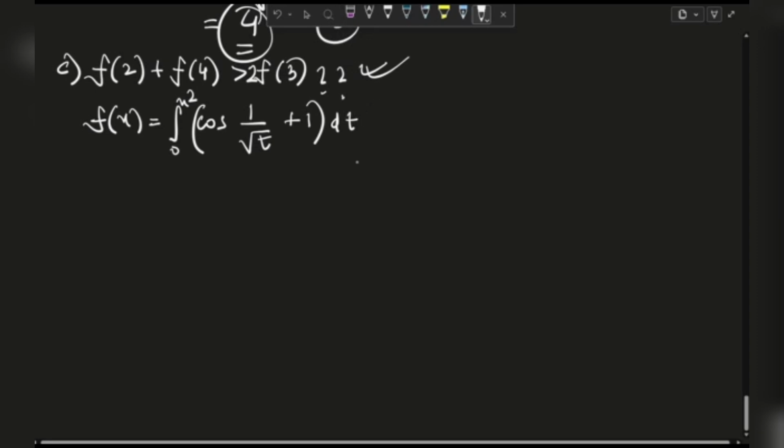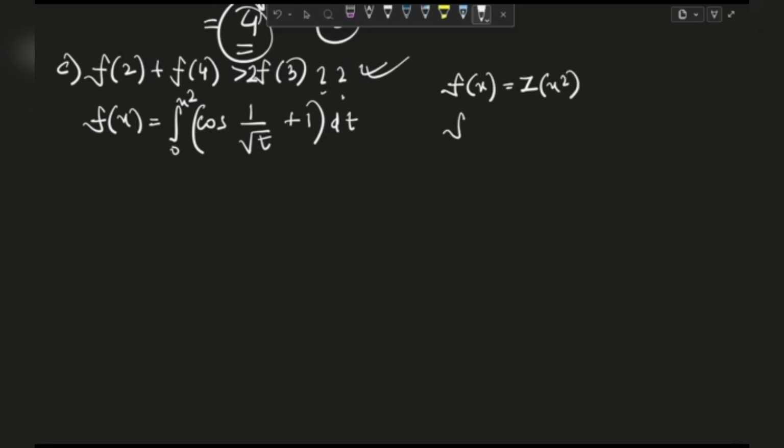Now I will try to rewrite this inequality. Let's take f of x to be some I of x squared. So from here f of 2 will become your I of 4, f of 3 will become your I of 9, and f of 4 will become your I of 16.